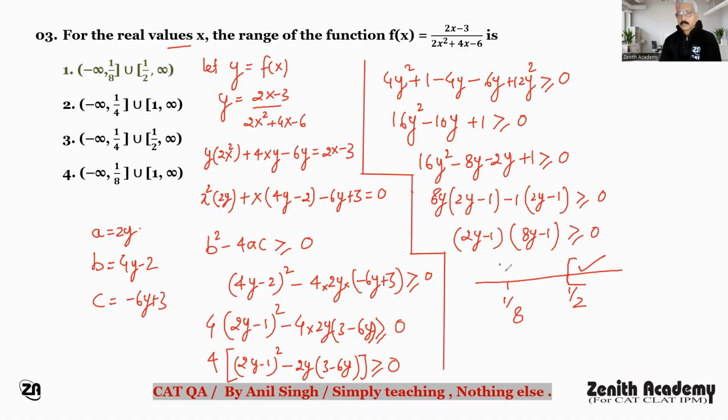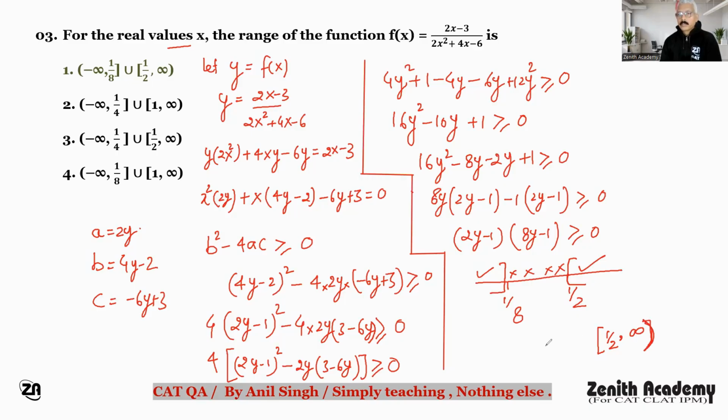The region in between these is not possible. So the solution is greater than or equal to 1 by 2, that is 1 by 2 to infinity, like this.